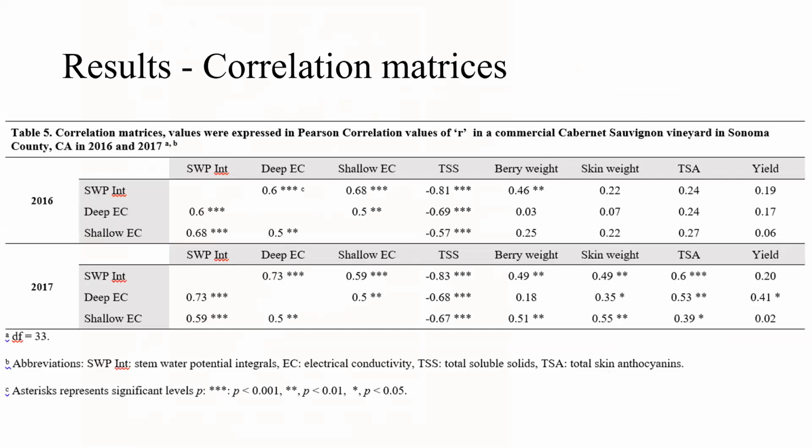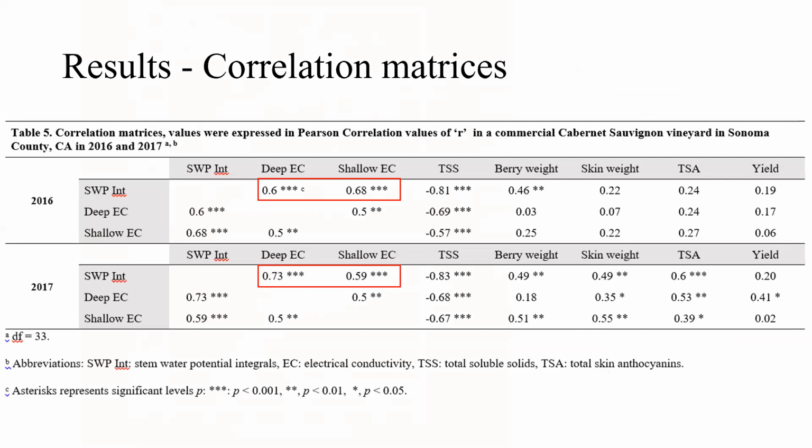The relationships between soil ECA and the whole grapevine physiology were investigated. Soil ECA and stem water potential were significantly correlated in both seasons. And again, the relationships were positive.